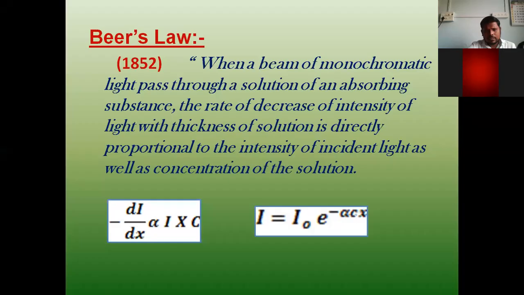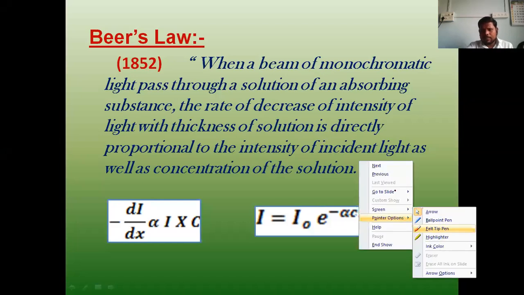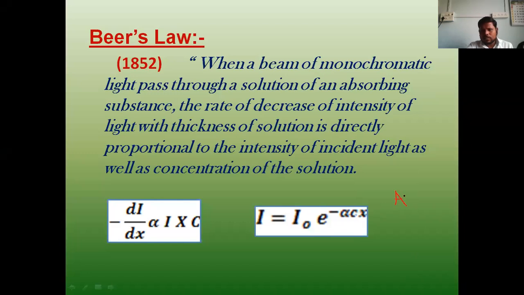So absorption is directly proportional to the concentration. This is the basis for both laws. Absorption is directly proportional to the concentration, and absorption is directly proportional to the thickness.